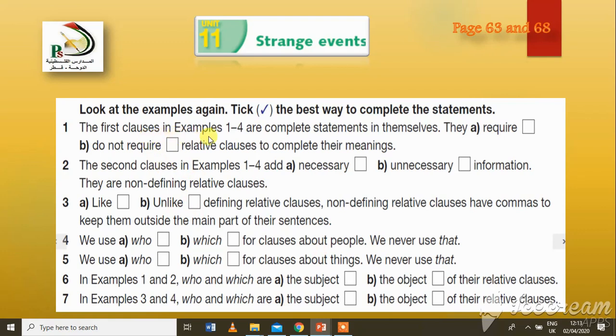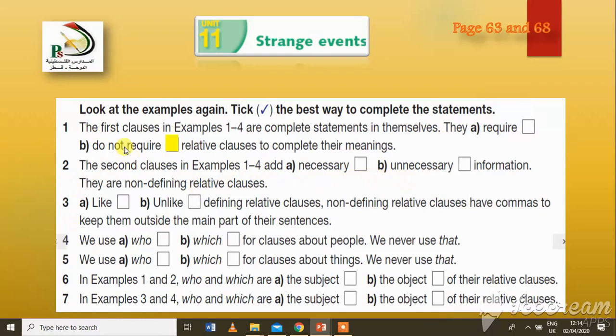The first clauses in examples 1 to 4 are complete statements in themselves. Do they require or do not require relative clauses to complete their meaning? See, if they are already complete, do they need or do not need? Of course, they do not need. So the second clause in examples 1 to 4 add necessary or unnecessary information.